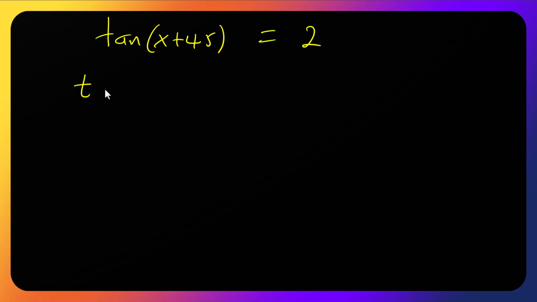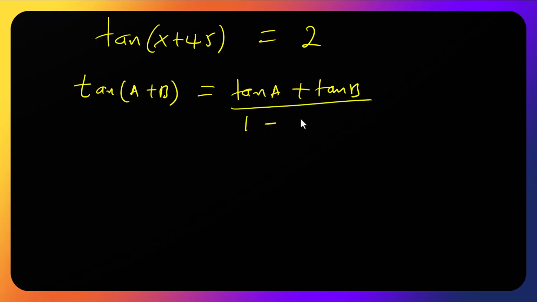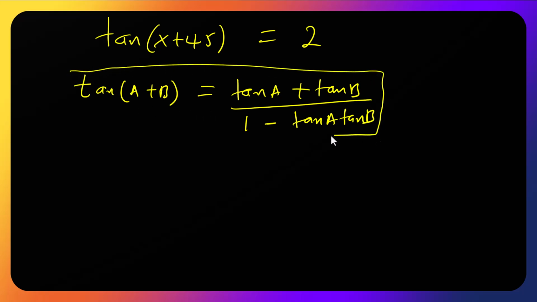So when we have tan(a + b), it is the same as tan a plus tan b on 1 minus tan a tan b. Okay, so this identity is very, very important.